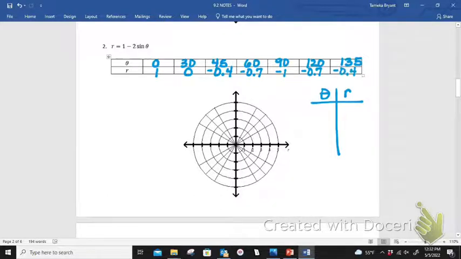I'm going to start plotting what I have, and then we'll see that we don't have enough. We will probably need to make a secondary table and keep going towards 360. I do want to add at least 180 though. Let me add 180.